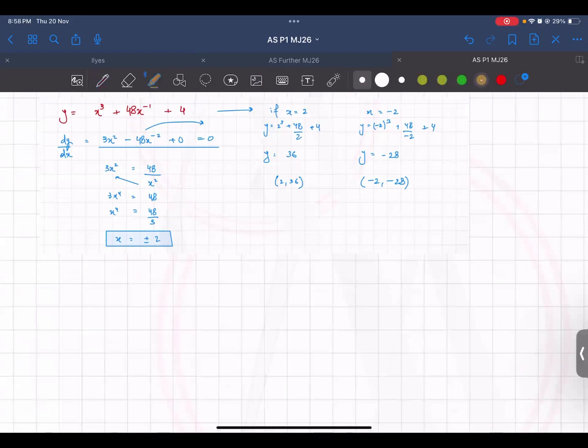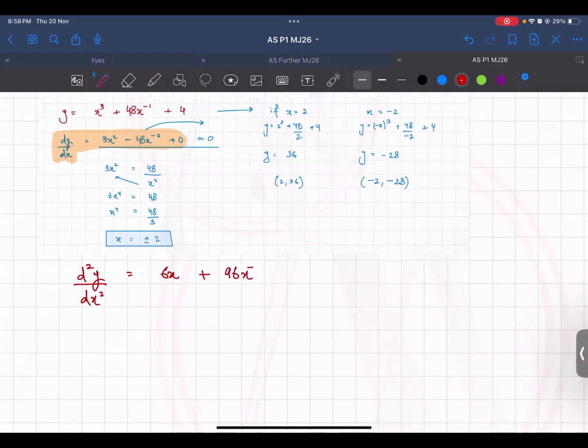This is your derivative, the first derivative. So you will find the double derivative. So d squared y upon dx squared, which we will differentiate the same way. So this would become 6x, and this would become plus 96x to the power minus 3. You have found the double derivative.